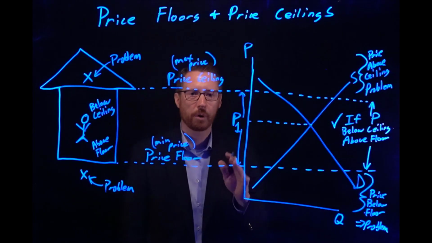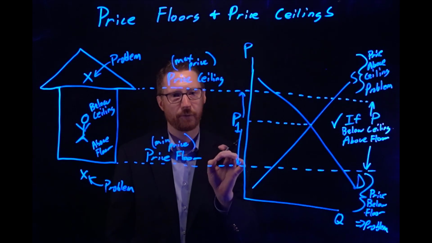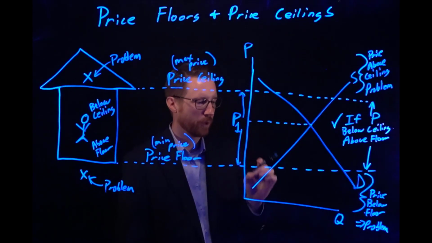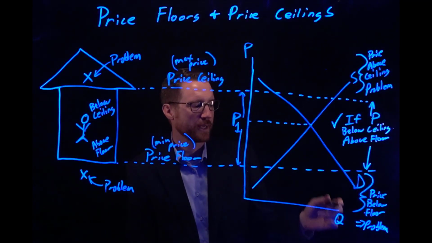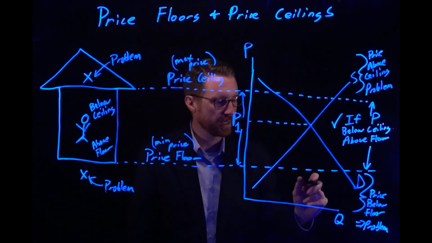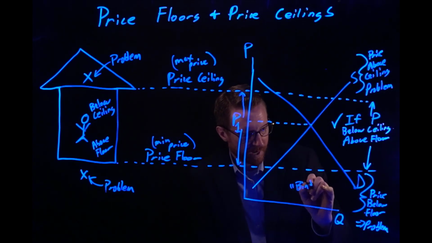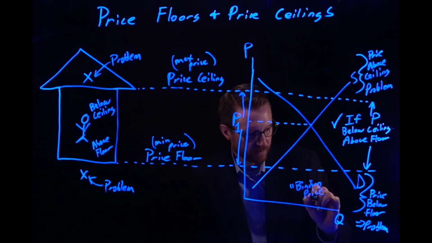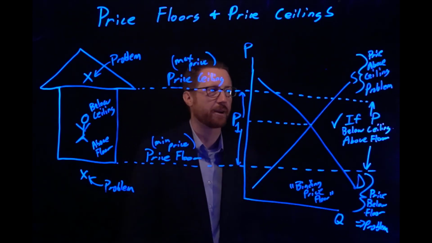So we'll think more about what happens when a price ceiling or a price floor binds. What does it mean to be binding? It means that equilibrium price should be below the price floor. Down here, we would call this a binding price floor. So if price is supposed to be below the floor, then the floor matters.